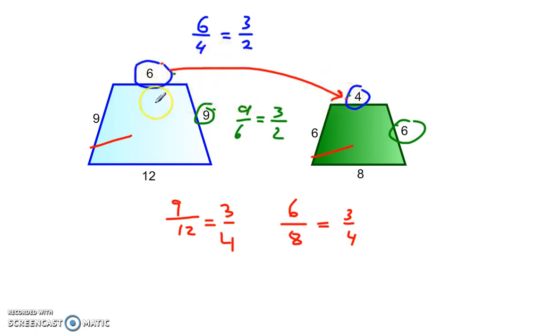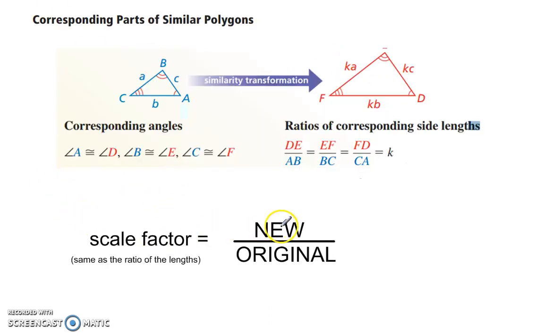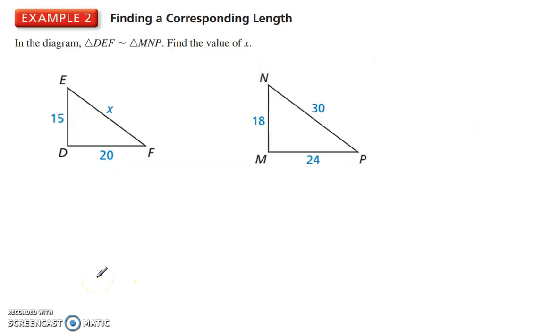Let's say this is the original, this is the new, so my scale factor to make a transformation from this to this would be 4 to 6. So the scale factor that would get me from the blue shape to the green shape would be 2/3. If I multiply any of these sides by 2/3, I get the new one. So the scale factor is new to original, same as the ratio of the lengths. You just simplify the ratio of the lengths.